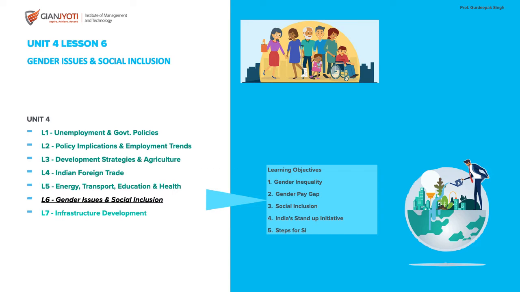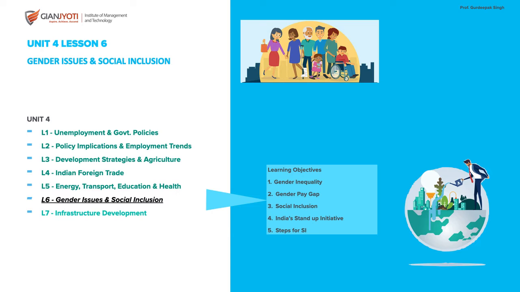As you know, India is the fastest growing economy in the world. So, with the economic growth, we are not being able to grow in terms of the Human Development Index.